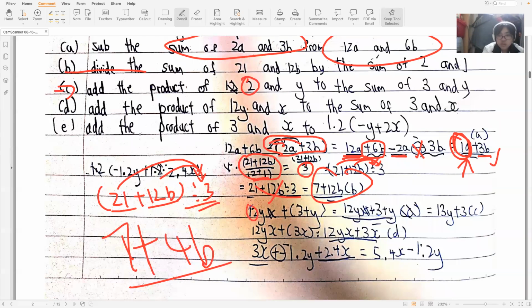Because I see 12y. I meant the answer was 13y plus 3, and then beside it got 1c there. I know this is C, but I'm asking you. You write 2 here. How come I see 12 here? That's my question. So is it 12 or 2?